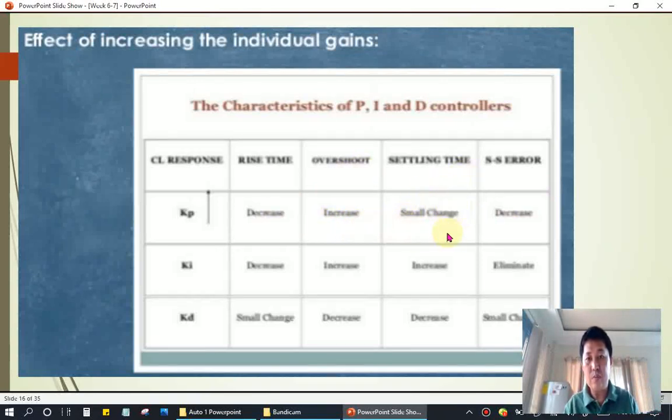The settling time has a small change, and the steady-state error decrease.